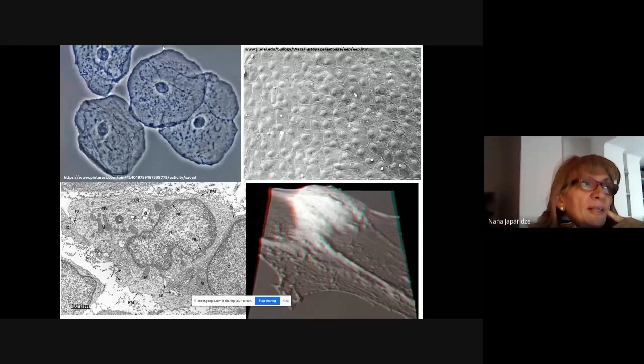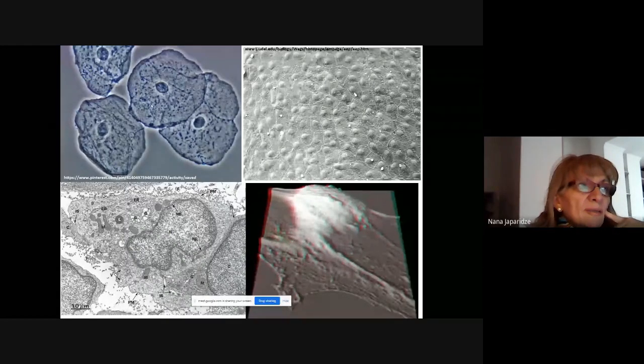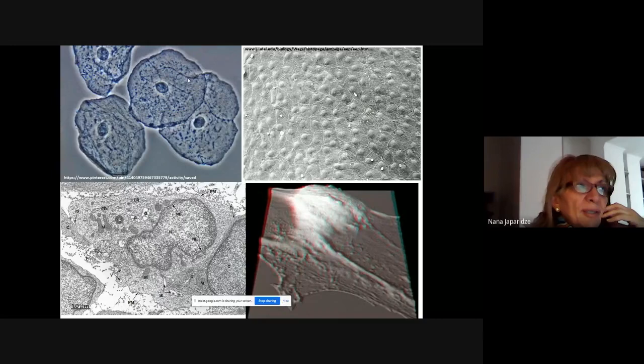Here you see the borders of the cell, the nucleus, nucleolus, chromatin, these dark dots, and you see the cytoplasm very well. In the cytoplasm, you see these granulations, which are well stained rough endoplasmic reticulum.